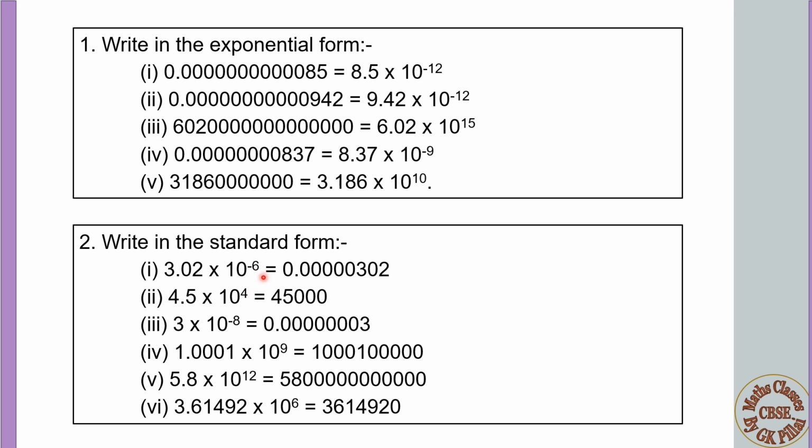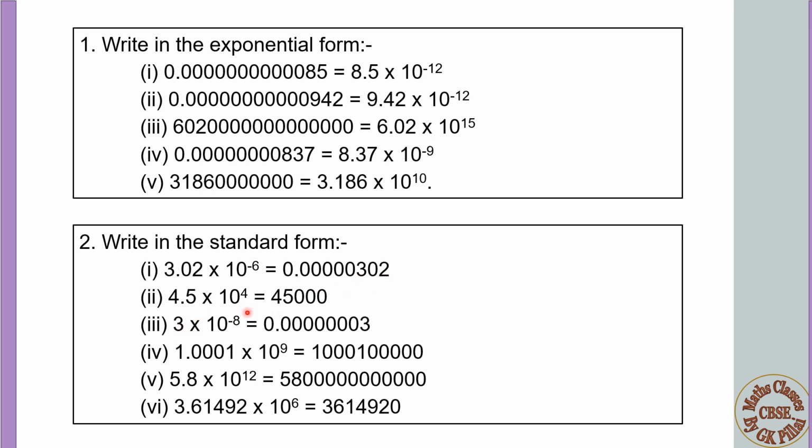Since the minus 6 is there, you will get it in this form. Minus 6 means from 3 onwards, if you count backwards, there should be 6 terms including 3. 1, 2, 3, 4, 5 and 6. So this is the standard form.